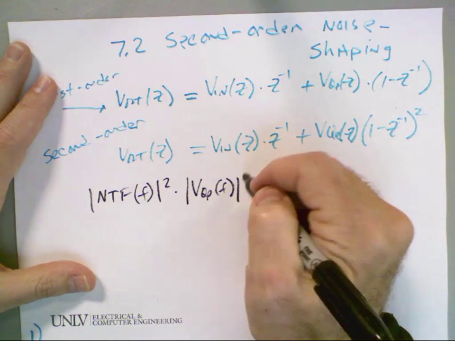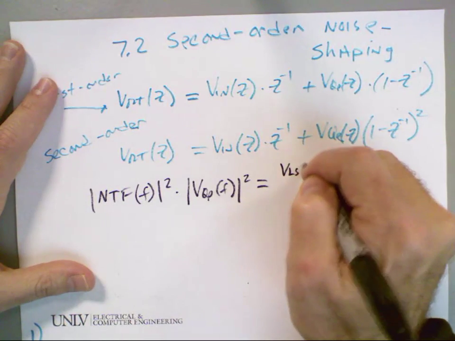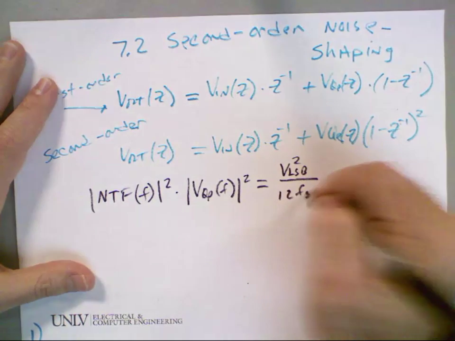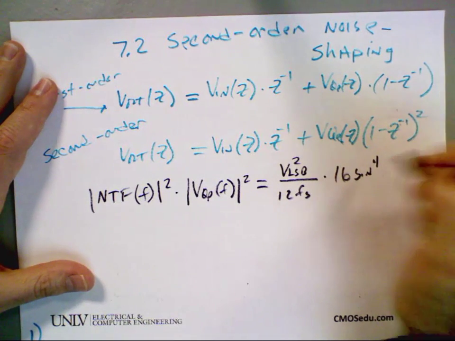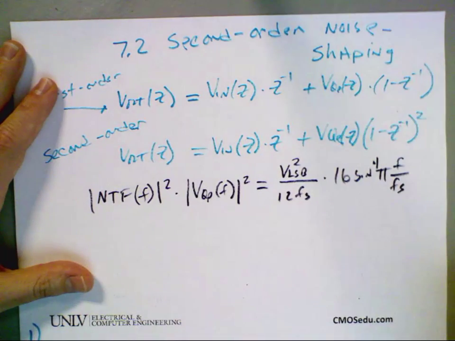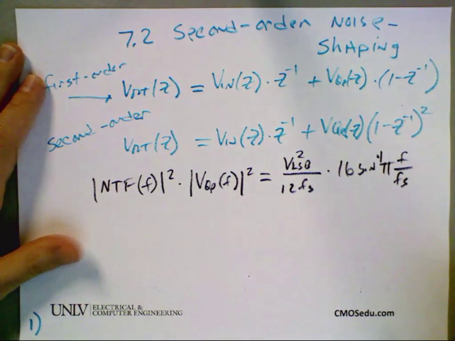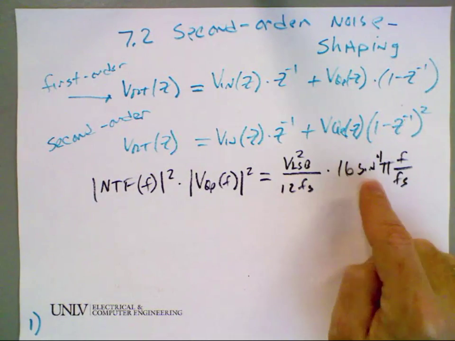That's equal to VLSB squared over 12 Fs times 16 sine to the fourth of pi F over Fs. And refresh my memory, what was it for first order noise shaping, from the beginning of the chapter? It was 4 sine squared.